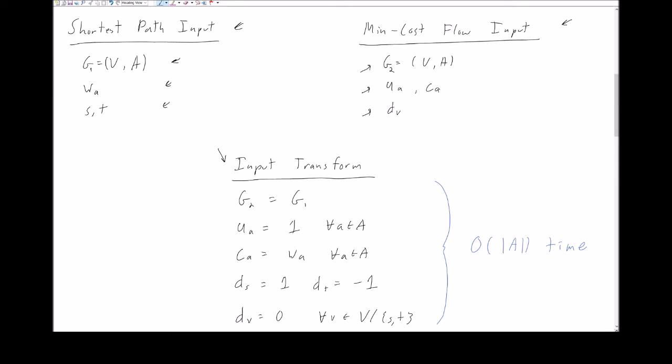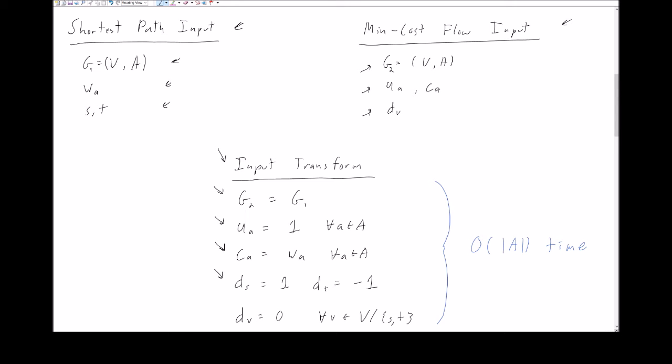In our problem reduction, we transform the shortest path input into a minimum cost flow input. We do this in a particular way. We identify the graph for the min-cost flow input as the graph from the shortest path input. We set the capacity of every arc in the min-cost flow problem to 1. We set the cost of every arc in the min-cost flow problem to the weight of that arc in the shortest path problem.